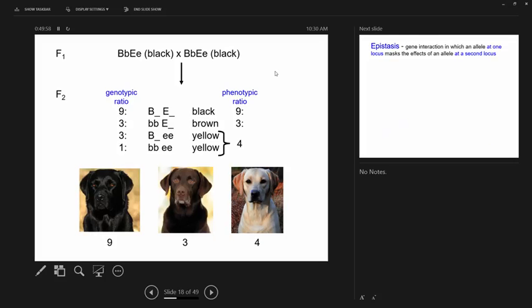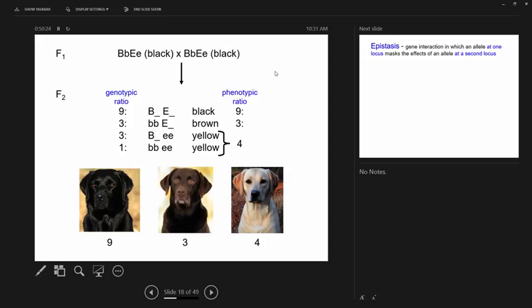Here's what really happens. So 9 are going to be, as you would expect, big B blank, big E blank. 3 are going to be little b, big E. And let's stop right there. The B's are for the black and brown coat color, or black and chocolate.